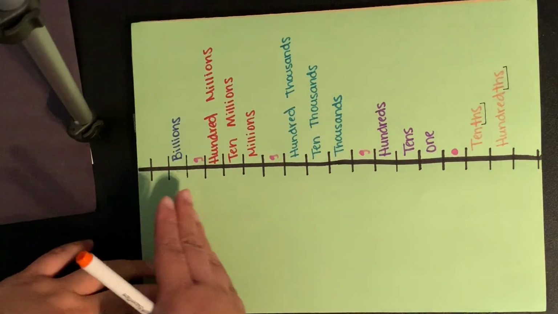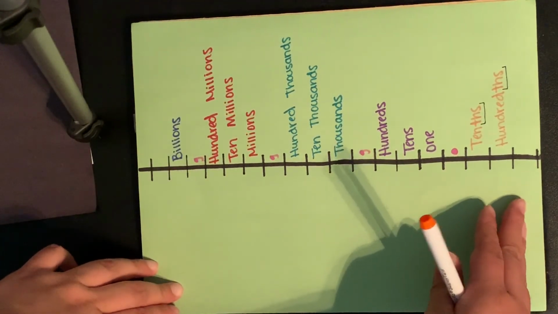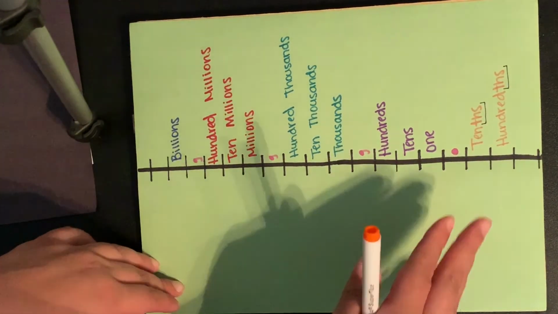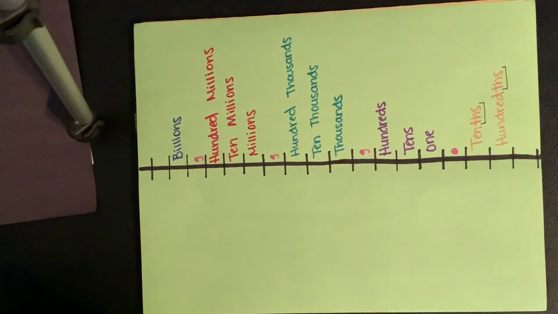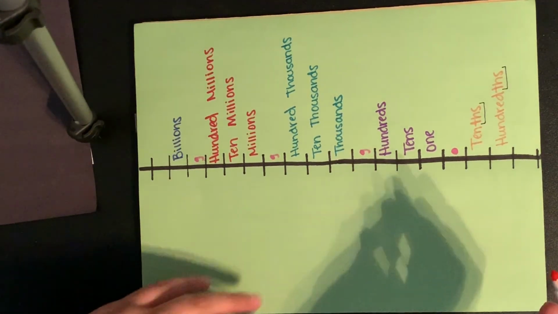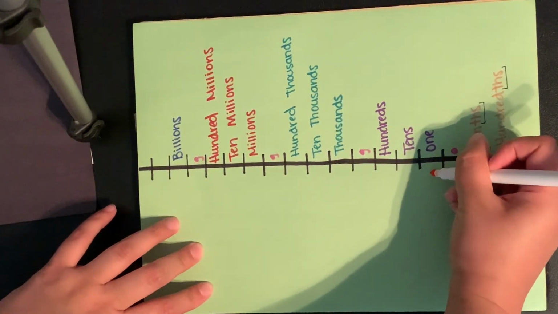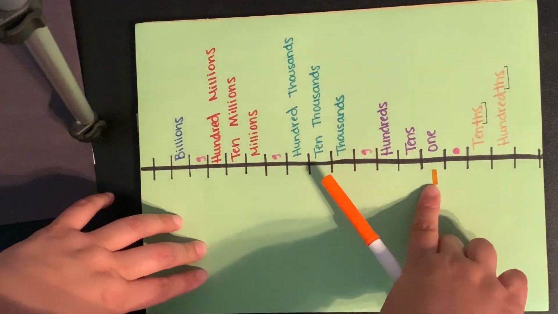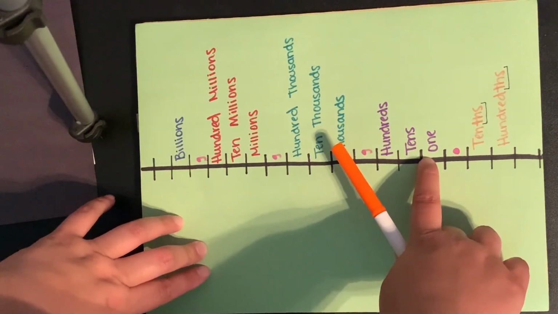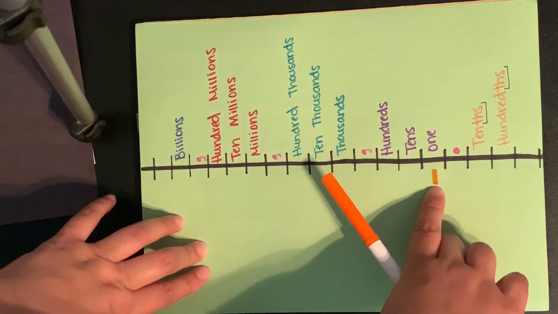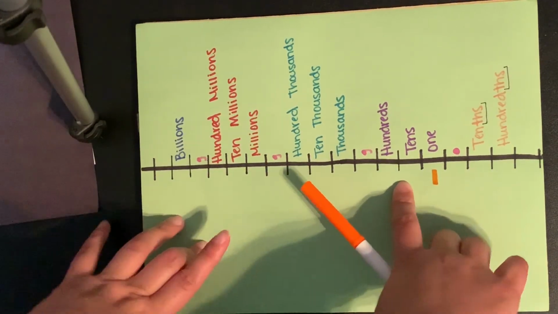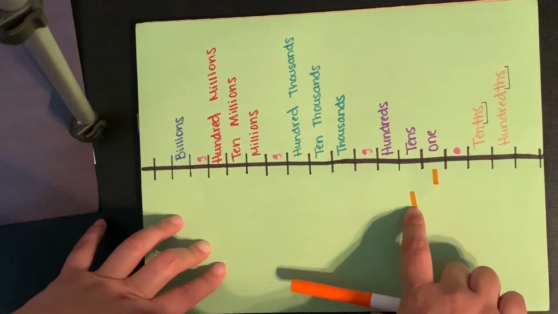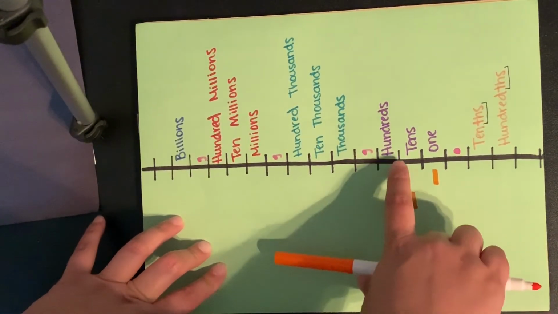As we take a look at a place value chart, we said that a place value is defined as the value of a digit depending on where it is. So if we take a look at the digit 1 and we place it here, the digit 1 has a value of 1. But if I move the digit 1 to the left and I place it here, even though the digit is still the same, it now has a value of 10.